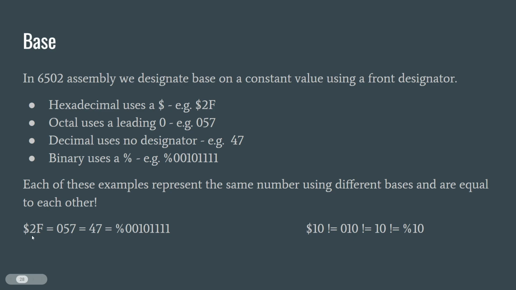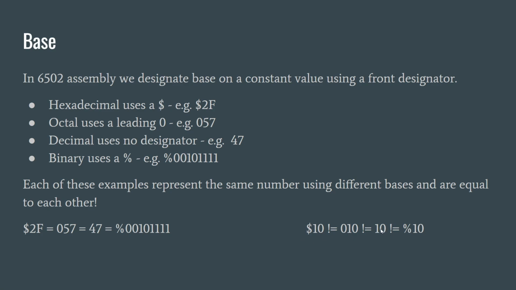$2F in hexadecimal is 47. 057 in octal is 47. And %00101111 is 47 in binary. Right? But it's important to note, those aren't the same.